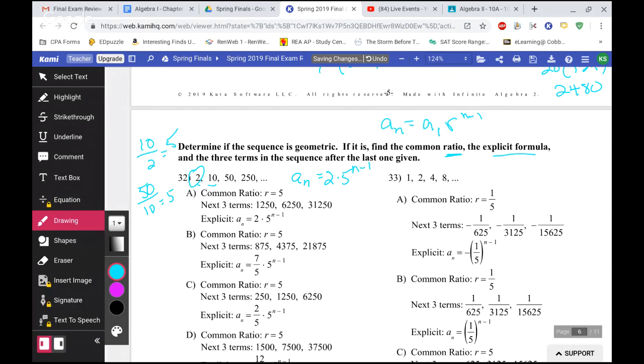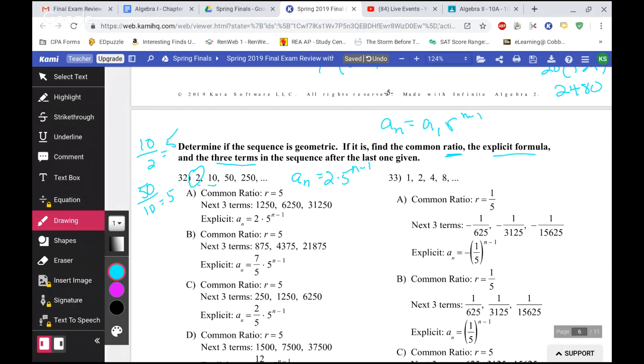There's really nothing to distribute for this one. And then we're supposed to give the next 3 terms in the sequence. And really, you could plug it back in if you wanted to find the next 3 terms, but basically all you're doing is multiplying 250 times 5, and then that times 5, that answer times 5.